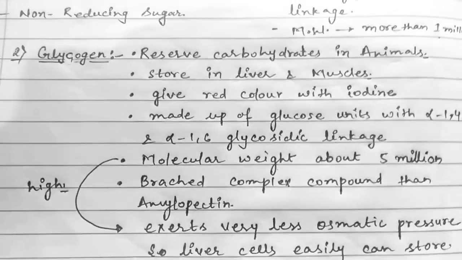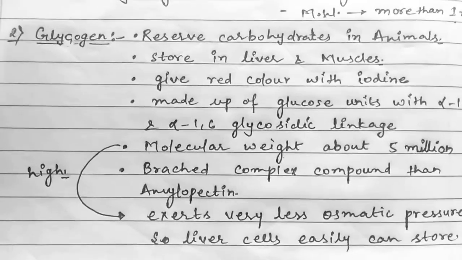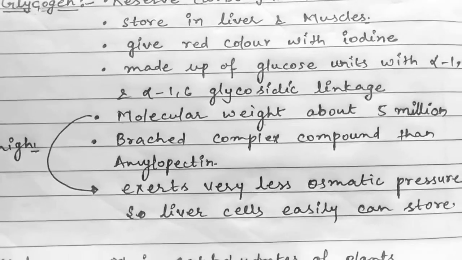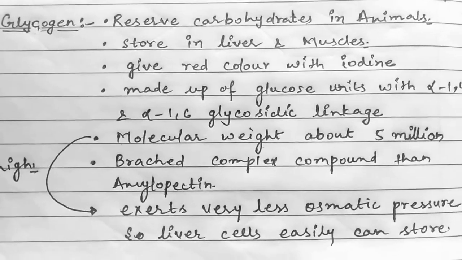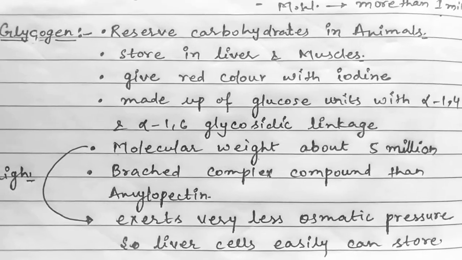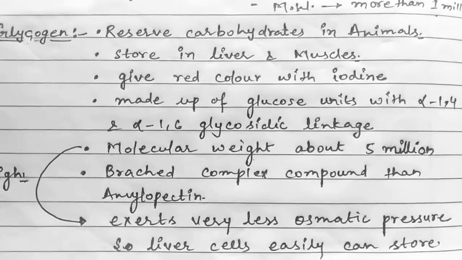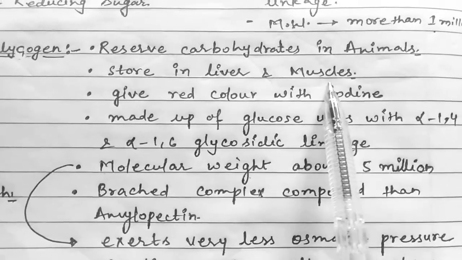Yes. Then student, we will talk about the glycogen. Glycogen is the reserve form of carbohydrate in animals like us, in human. Whenever we take meals, that carbohydrate converts into glucose, and the extra glucose gets converted into glycogen, which is stored in the liver and the muscles.